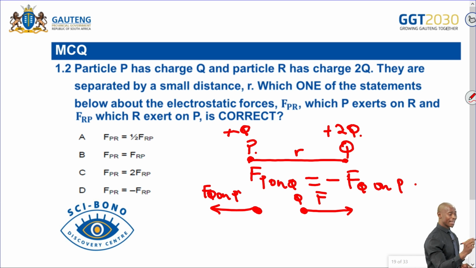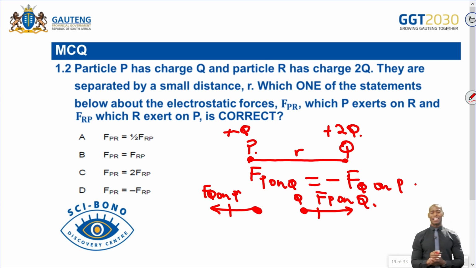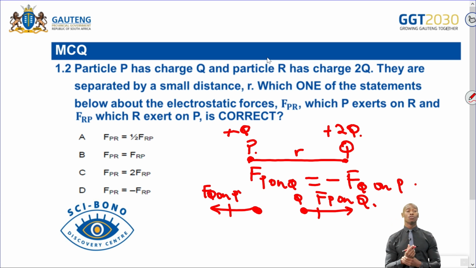So it's the force exerted by P on Q. You can see this force and this force are equal in magnitude, but acting in opposite directions. So the force that P exerts on Q will be equal to the force that Q exerts on P, but acting in opposite directions.